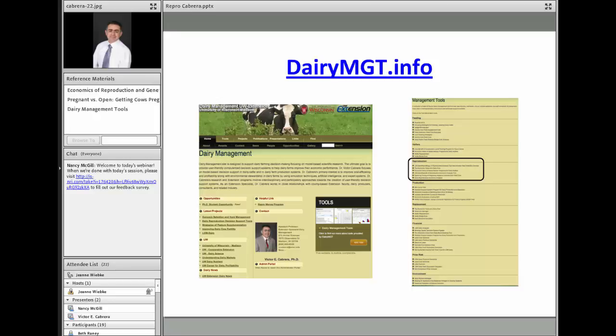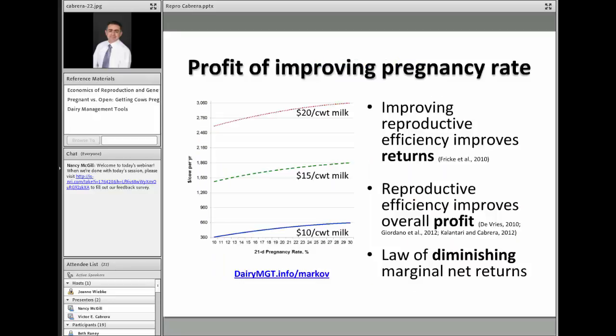And if you at some point require additional technical support, we will be glad to work with you on making those tools available and useful for your own situation. So they are in the reproduction section of the dairy management info under the tools section.